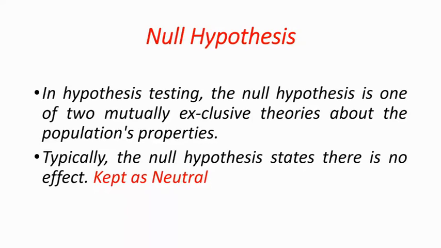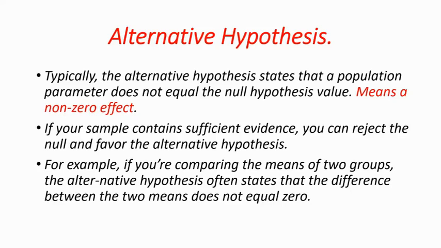For example, in many research problems the researcher may want to test the effectiveness of a certain treatment. So the null hypothesis states that the particular treatment has no effect. Clear? And we will keep our interest in the alternative hypothesis.